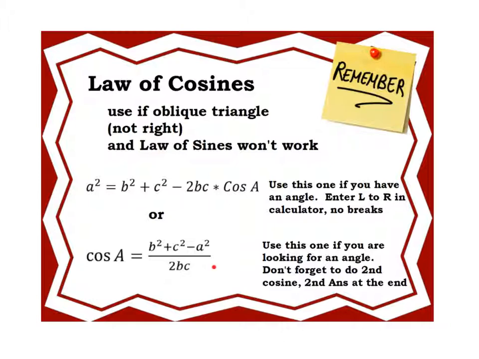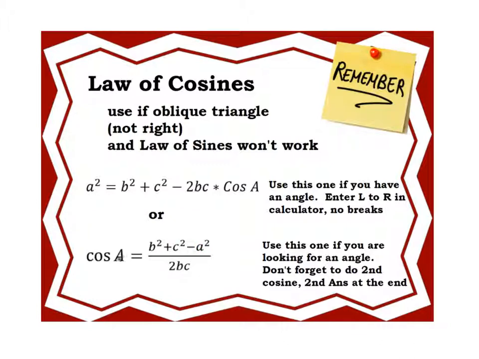This second one is the first one rearranged. They did some algebra on it. If you are looking for an angle, you'll plug in all your sides. This is the side, side, side situation. If they gave you all three sides, then you're looking for this angle, let's say. This angle is the one whose side you subtract right here.